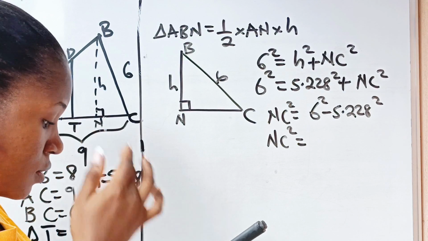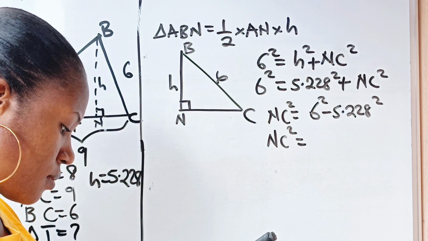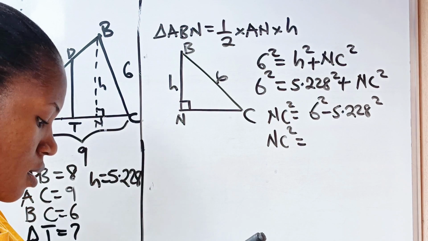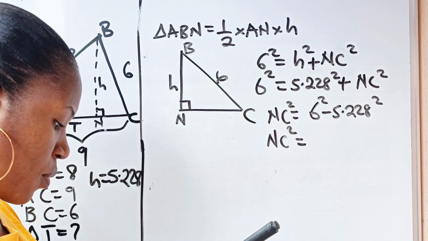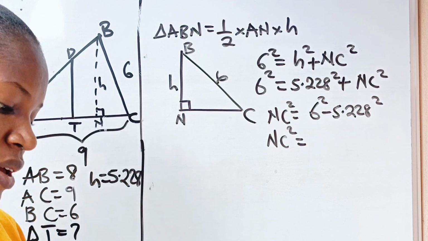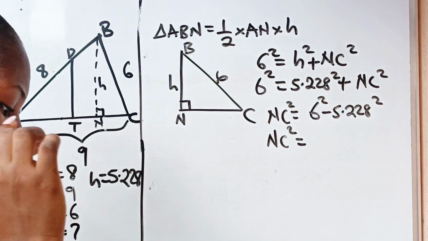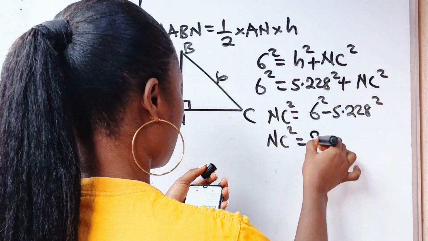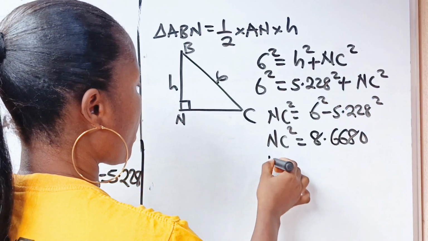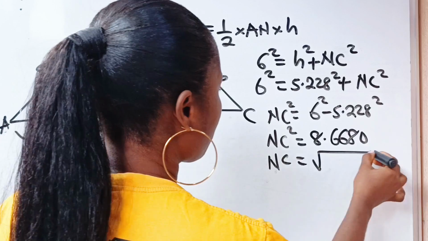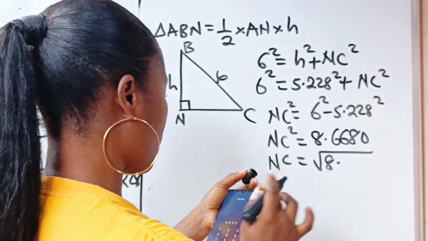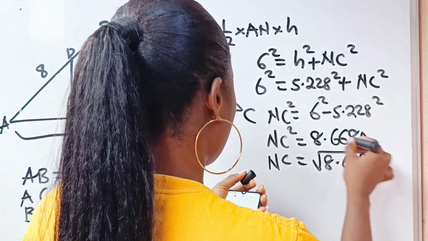Okay, so we have 6 squared minus 5.228 squared. So we have an approximate value of 8.668. So NC will be the square root of this, 8.668 approximately.